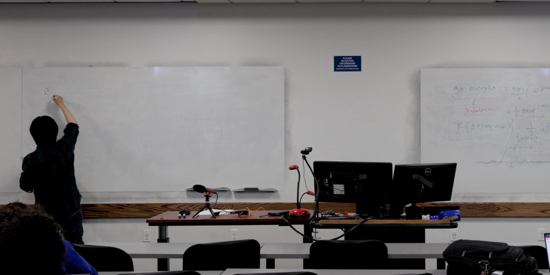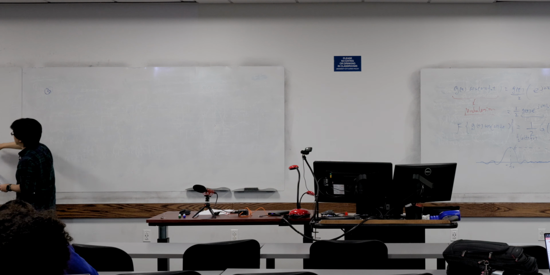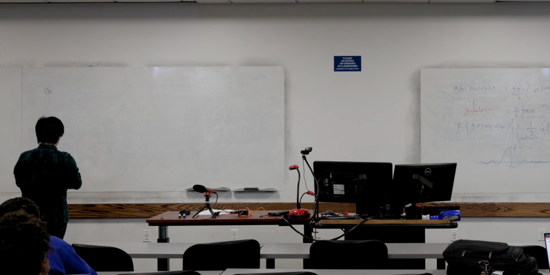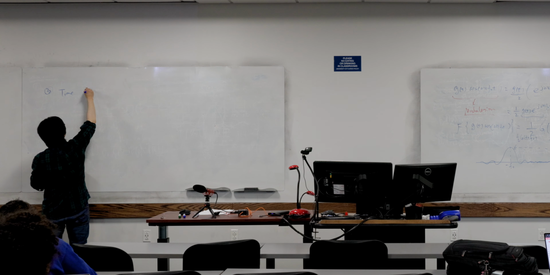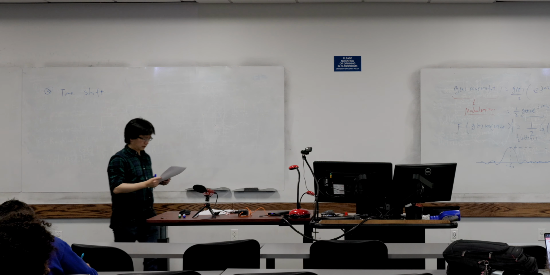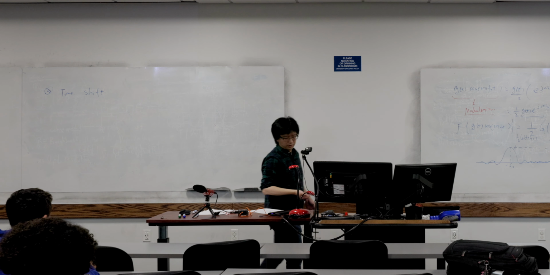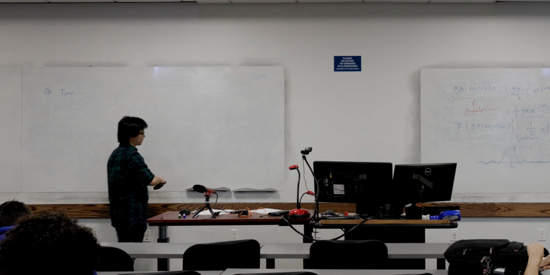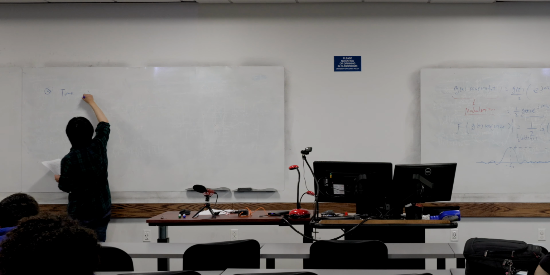Number 3 is another property of the Fourier transform. Oh, sorry, we're going to talk about time shifting in the next one. Here is the time scaling property. Yeah, it's a mistake. Let's talk about the time scaling property first.